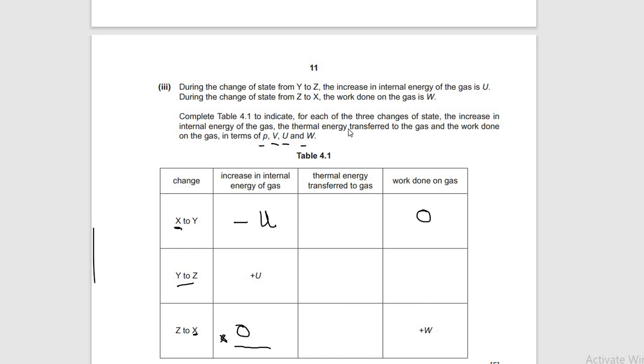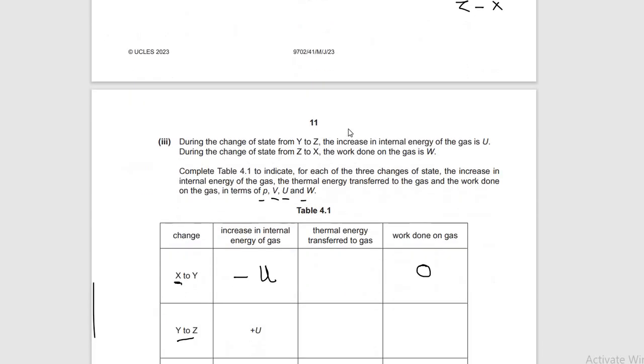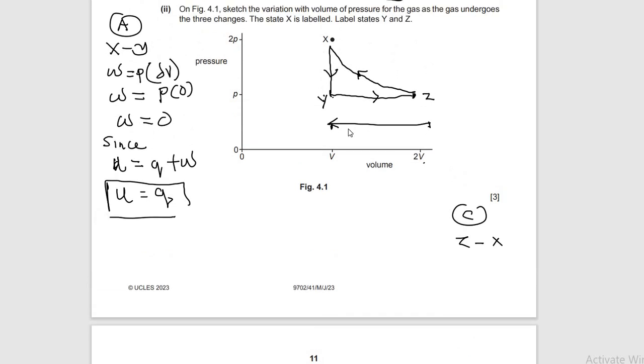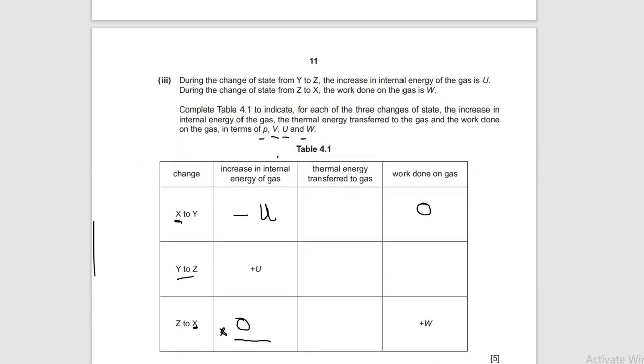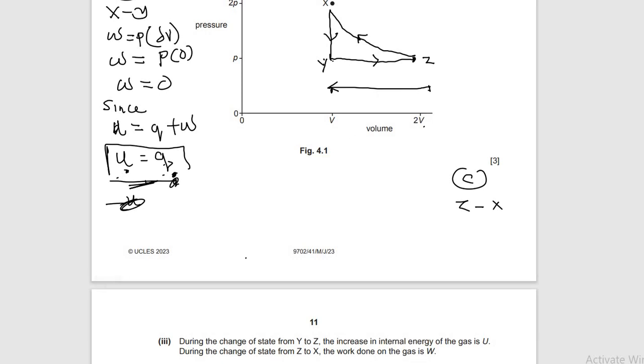This is the mistake I didn't consider earlier. It's minus U. So remember at this point, at X to Y, the internal energy and the heat are equal because the work done is 0 at X to Y. And at X to Y, my internal energy is minus W. So if my internal energy is minus W, then Q will also be what?